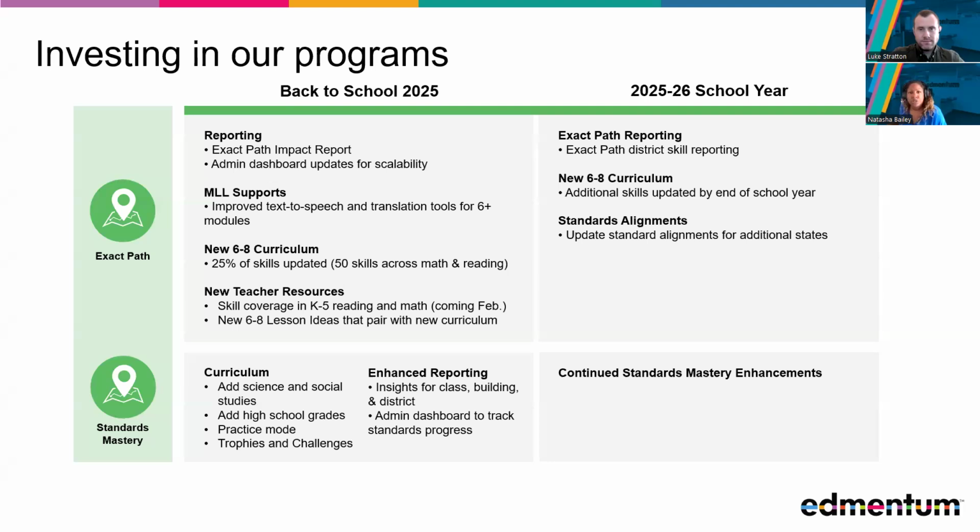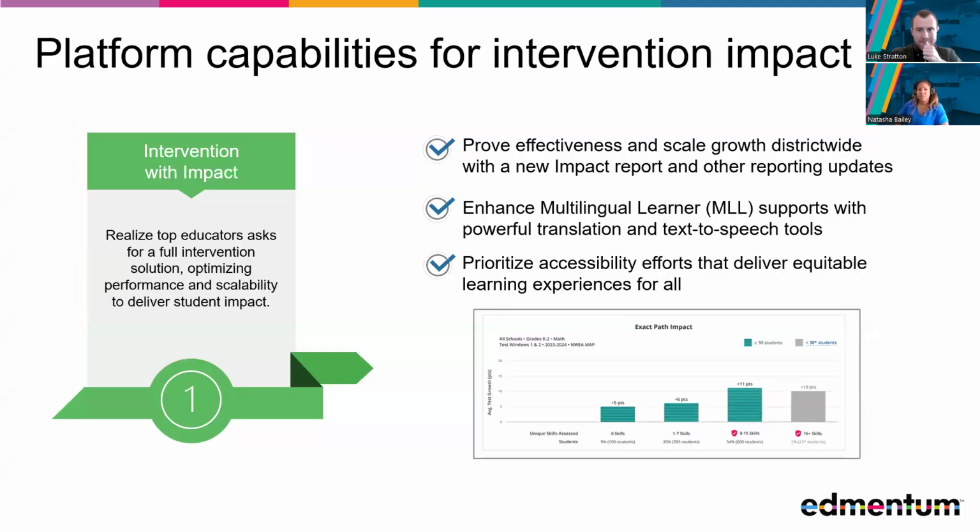So I'm going to talk to you now about the impact report, because this is something that is new as of around January 2025. Some of you may have ventured into it, some of you may not. Now is a great time to jump in and have a look at the previous academic year's data. Okay.